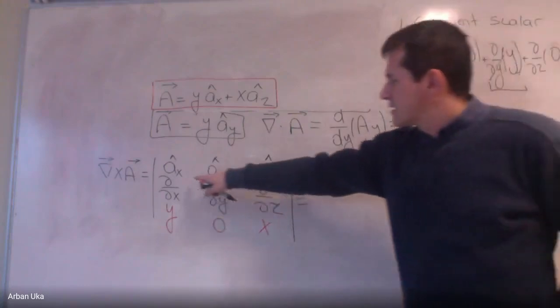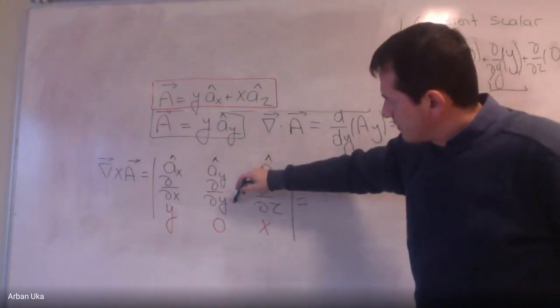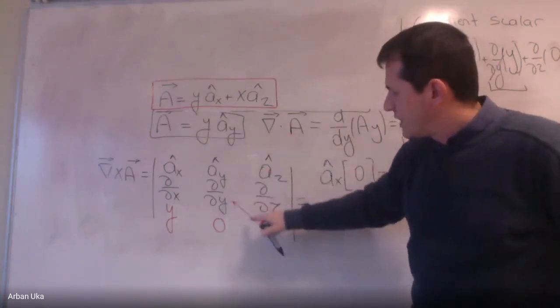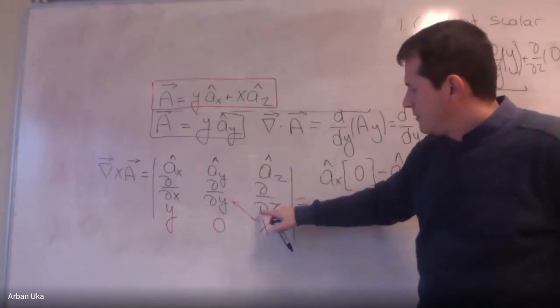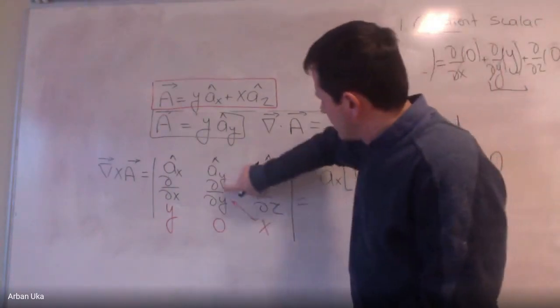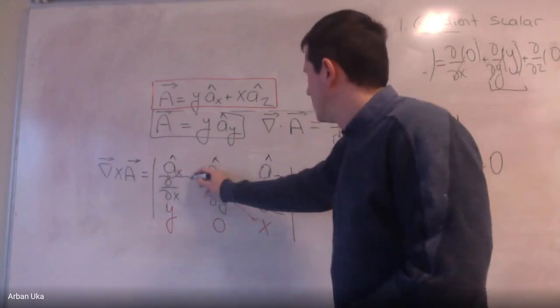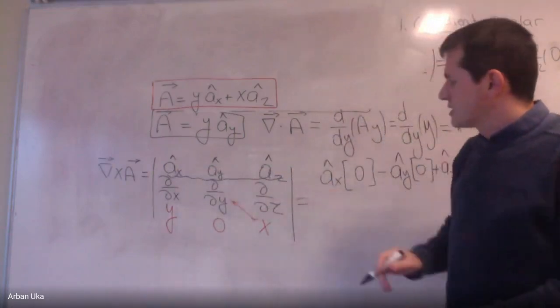Along the ax, we have the derivative of x with respect to y, which is 0. Sorry, this is so close to this one that you might be confused. Okay, so this stands like this.